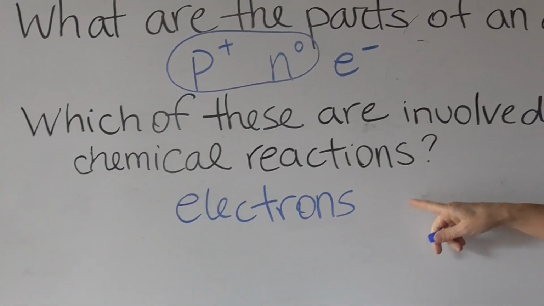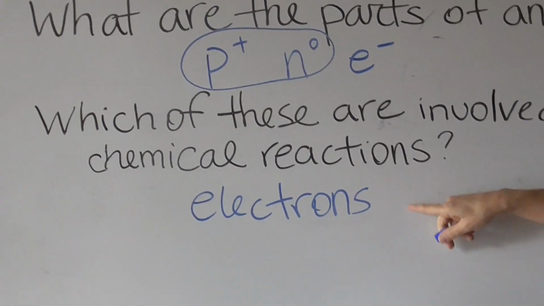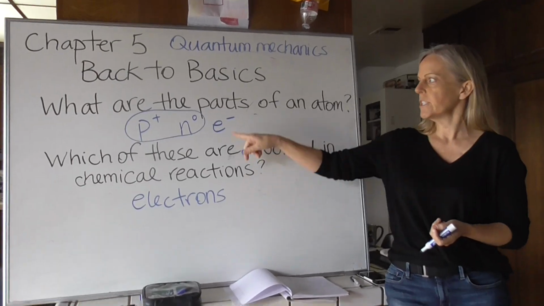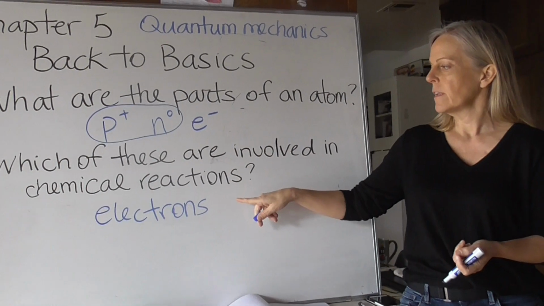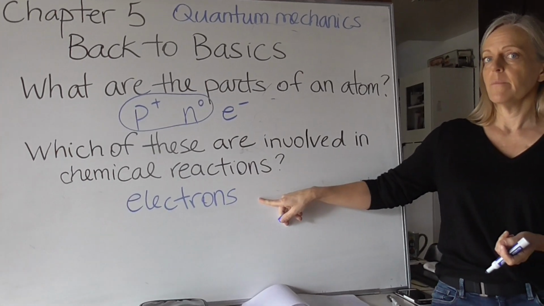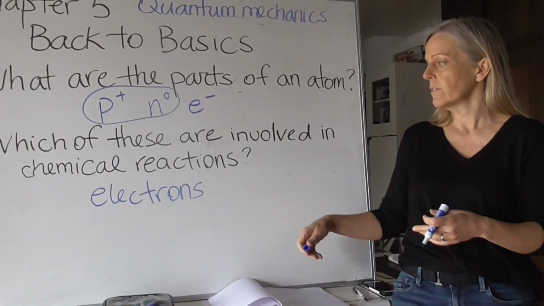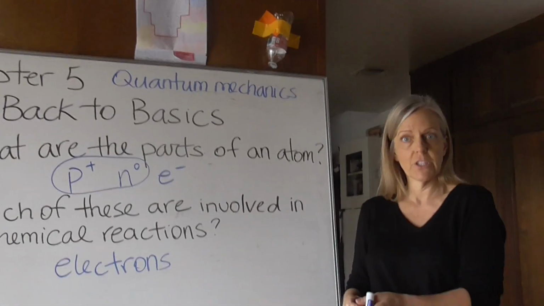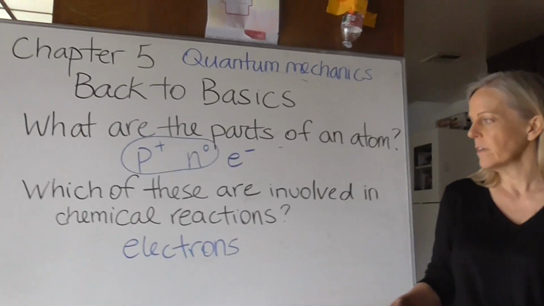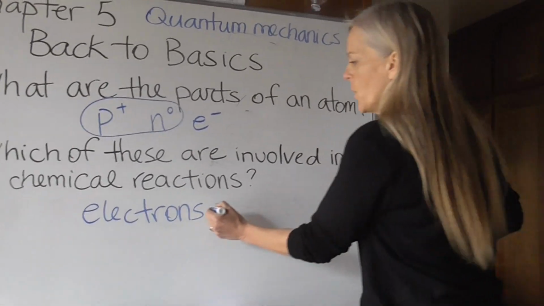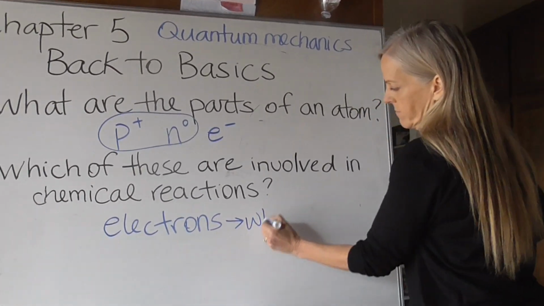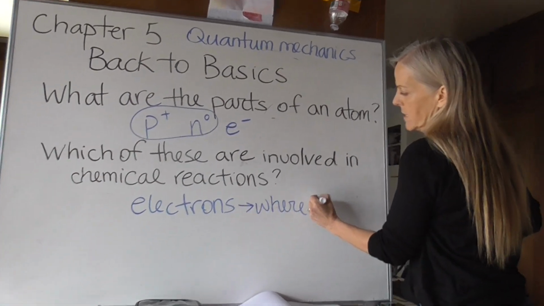So the more we can know about where the electrons are, not just outside the nucleus, but the actual locations of them, the more we can guess if something's going to happen or not, if something's going to be more reactive or less reactive or combined with each other or never combined with each other. So we need to know where these electrons are.